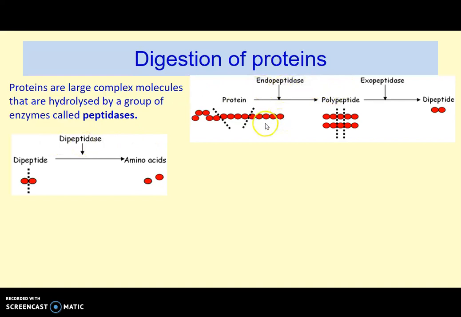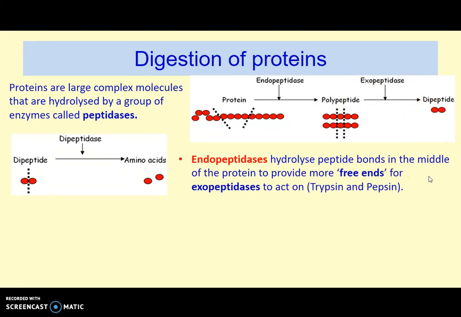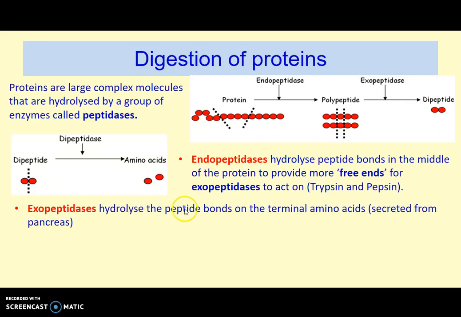The endopeptidases will hydrolyze large protein molecules within the middle of the protein and break them up into small chains of amino acids. Then what you end up with is polypeptides that have exopeptidases, and what they will do is they will work on the peptide bonds on terminal amino acids.